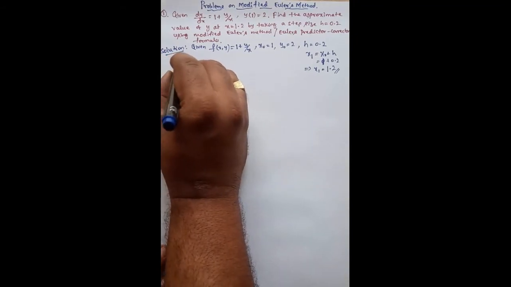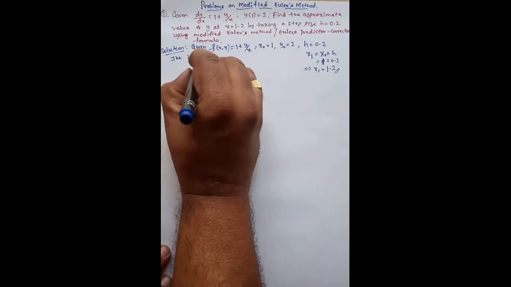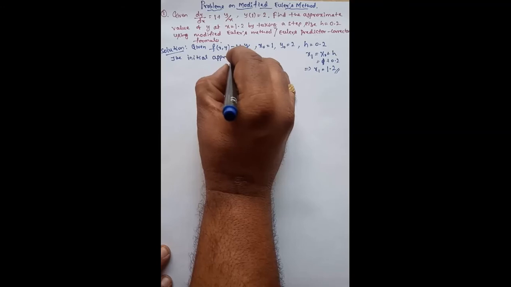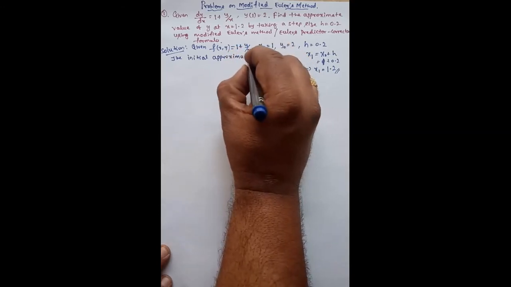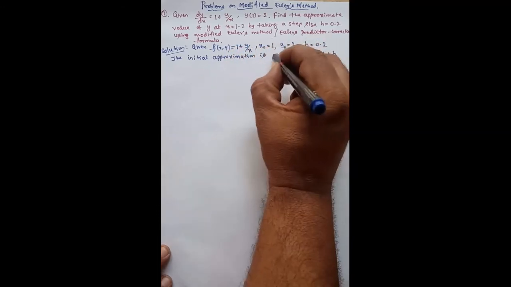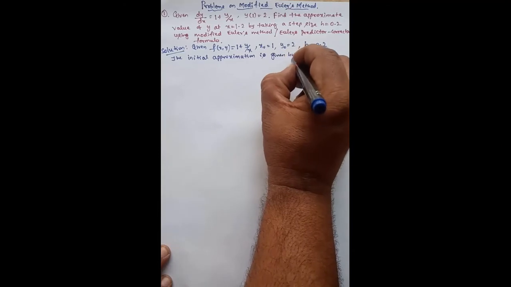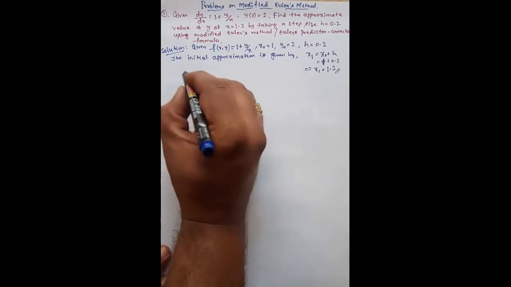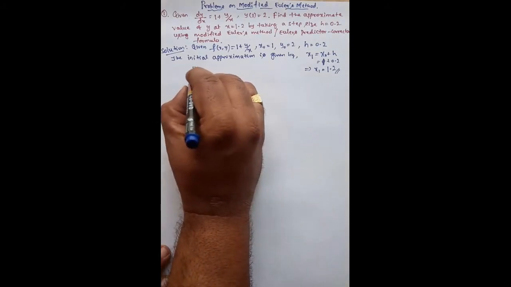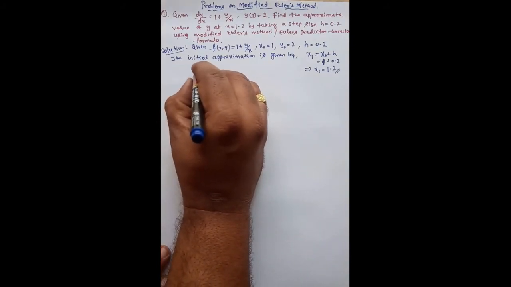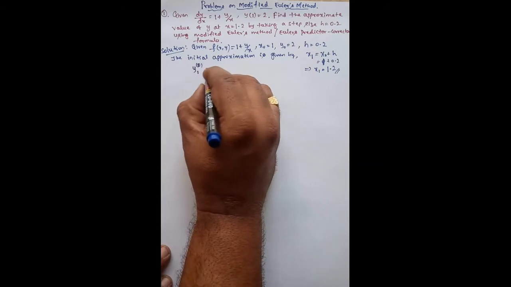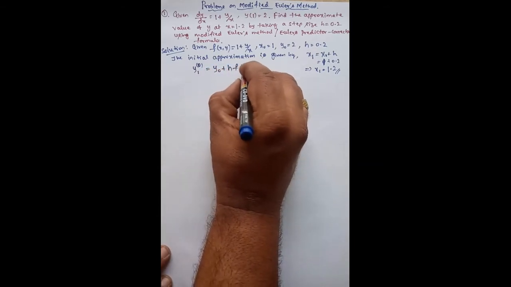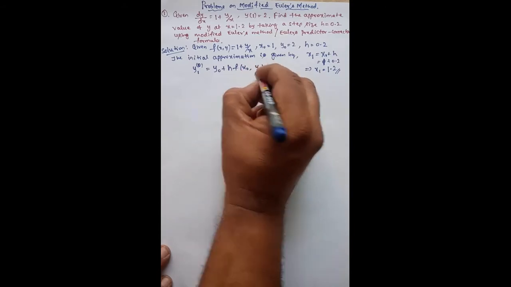It is calculated using Euler's formula, which can be written as y1 power 0 equals y naught plus h into f of x naught comma y naught.